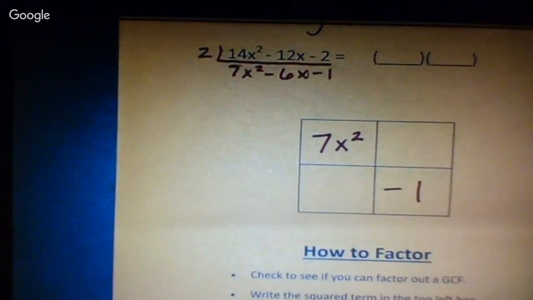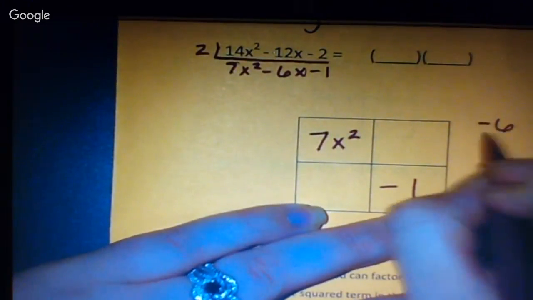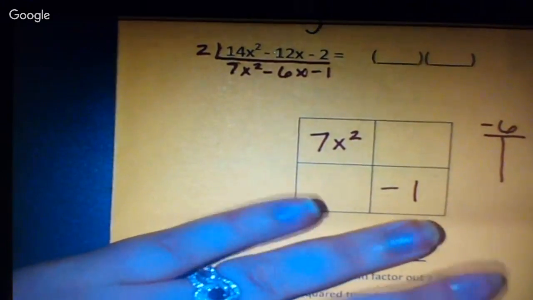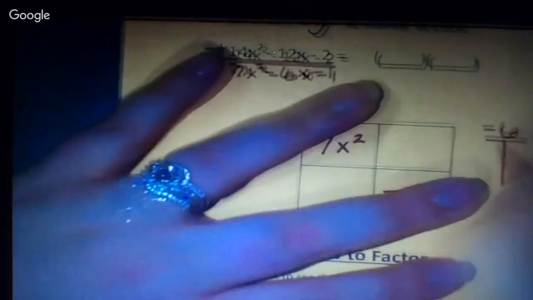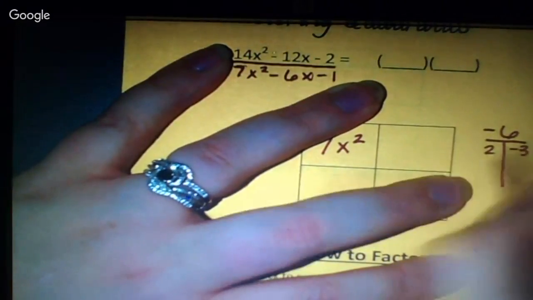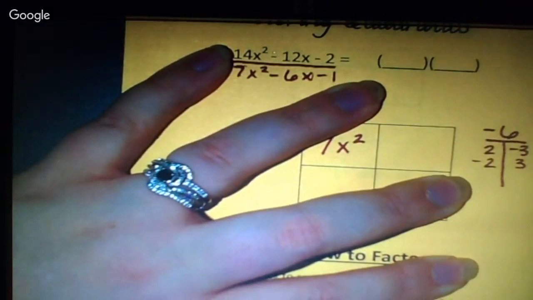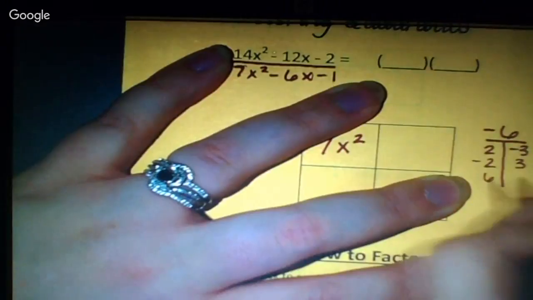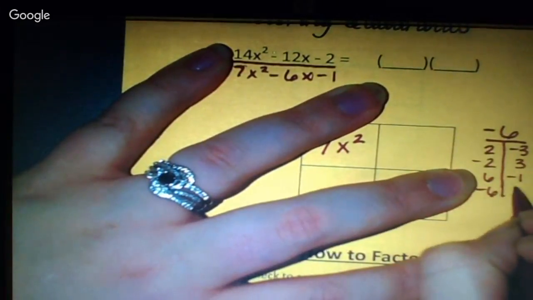Now to fill in the other two boxes, I need to find factors of negative 6. What can I multiply together that gives me negative 6? 2 and negative 3. Careful, that's still the same thing. Negative 2 and 3, good. What else? 6 and negative 1. Good. Negative 6 and 1.